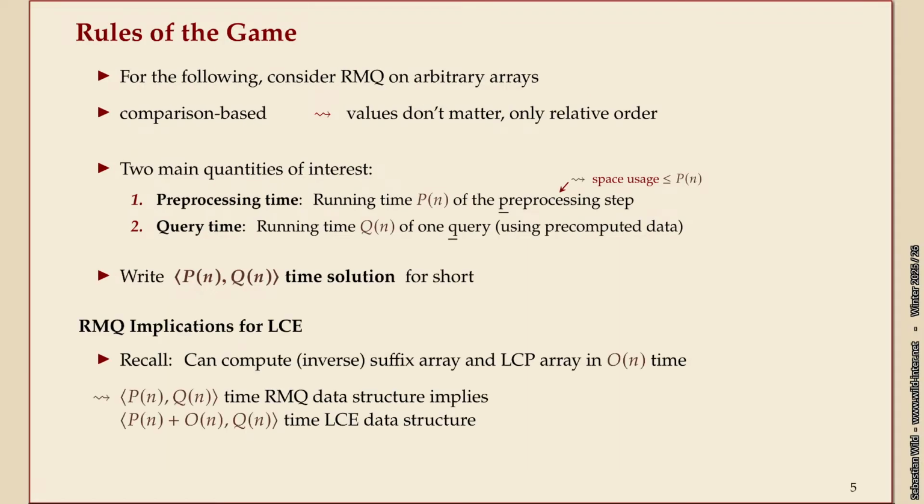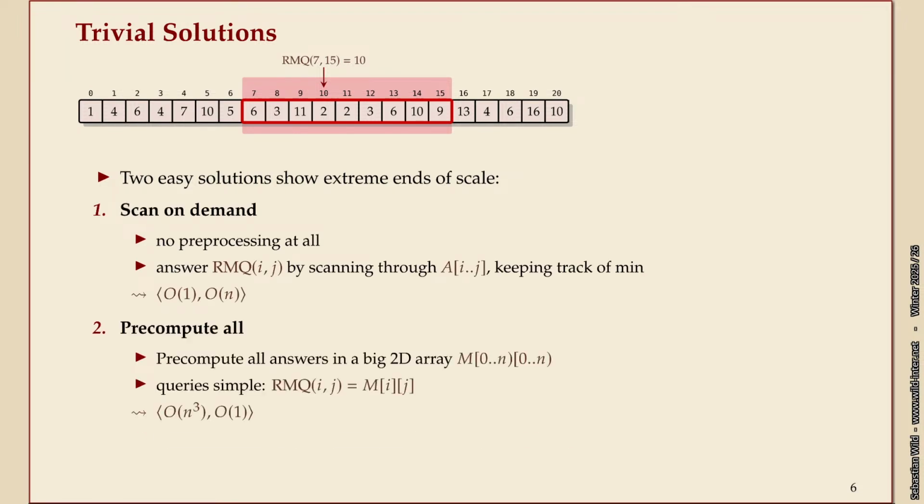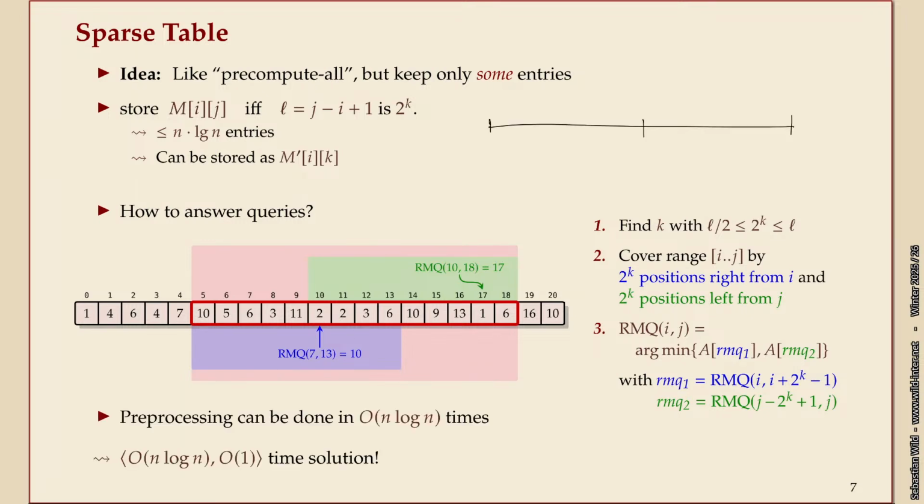We essentially solved the problem for most parts already, the problem-specific nasty bit. You should remember the sparse table trick. We can pre-compute many solutions, namely all those where the range that we're covering is a power of 2 long. Instead of all n squared queries, that's just n log n, so it's still superlinear space and pre-processing time. But if we do that, then we can answer queries in constant time.